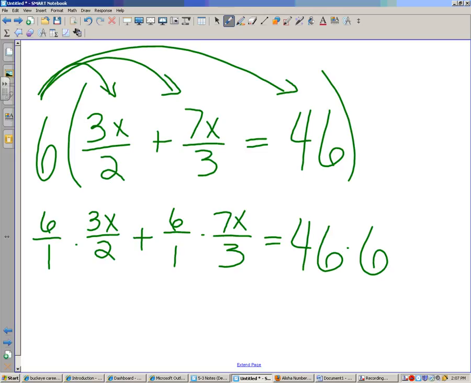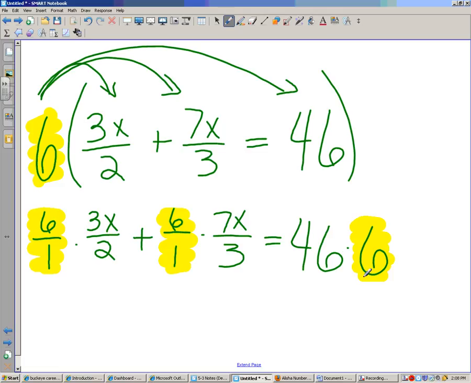So right now you can see, if I highlight my 6's, there it is, there it is. $276.